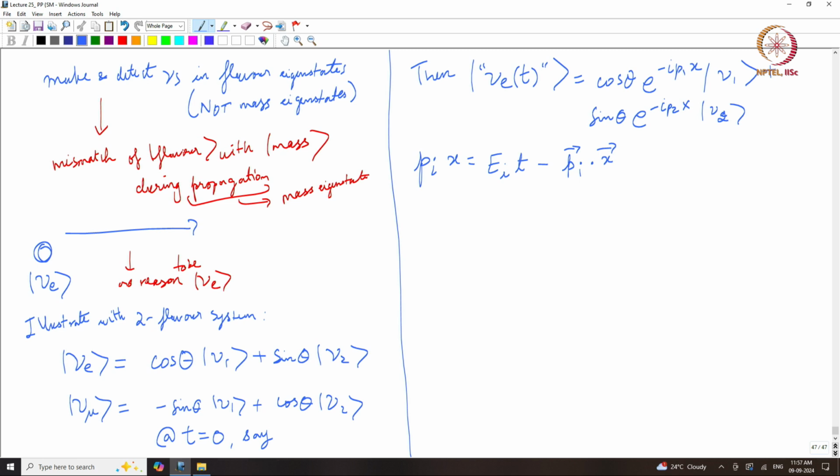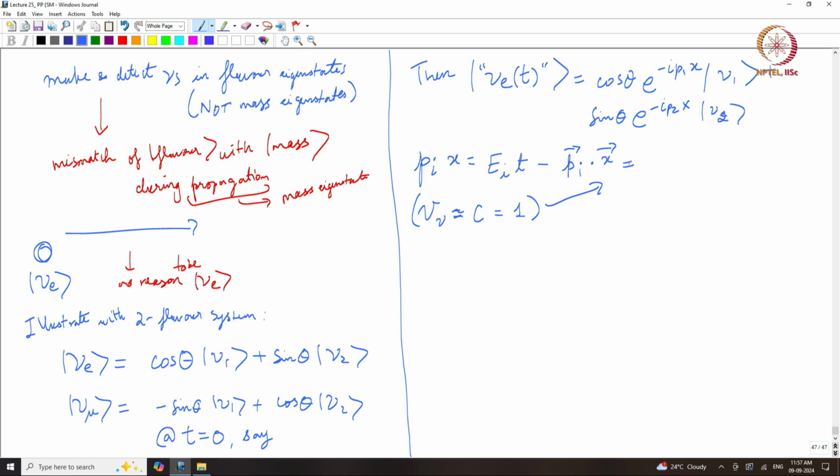Since neutrinos, I know retrospectively, are very light particles, in almost every situation I can think of, other than relic neutrinos actually, I have the speed of neutrinos just very close to the speed of light. So, I might as well call it the speed of light, which is 1 in natural units, right.